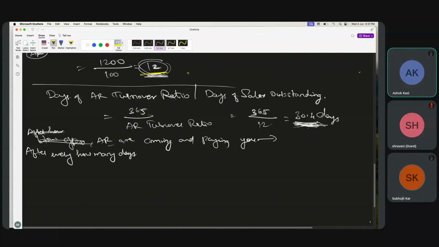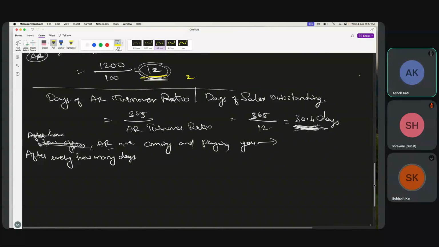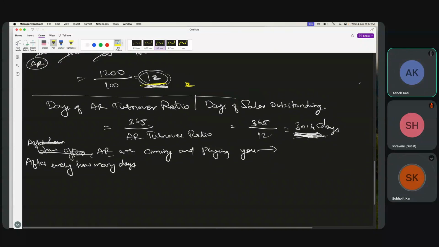Let's say this is 2. That means they are paying only 2 times in a year. And here, if I take 2, then what will come as days of inventory turnover ratio? 182 something. So after every 182 days they are paying, then your money is blocked.